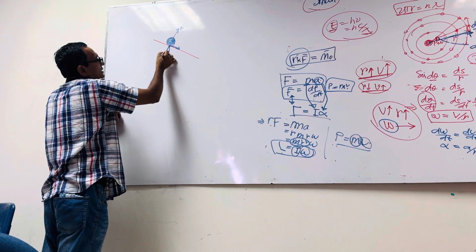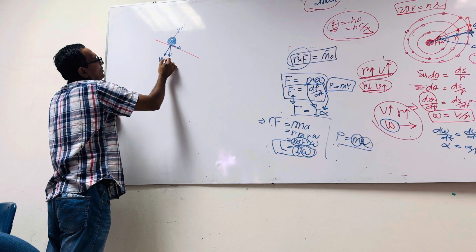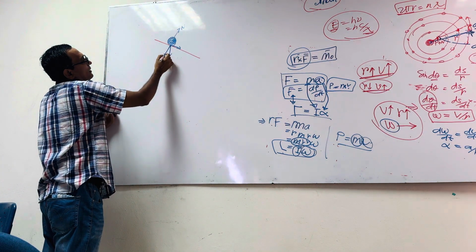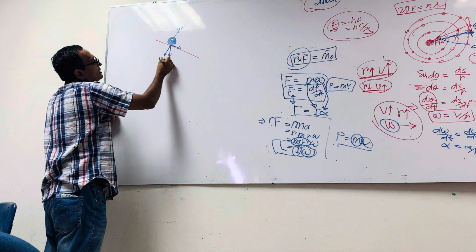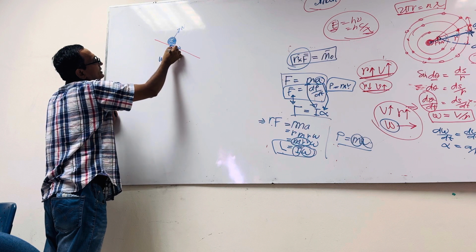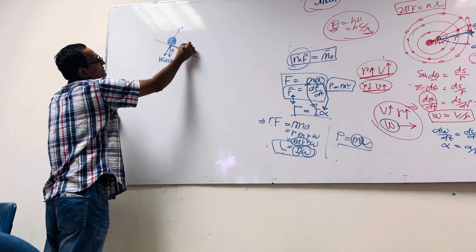So if we make this W, the resultant one should be W cos theta, because here is the angle theta, and here is W sin theta.